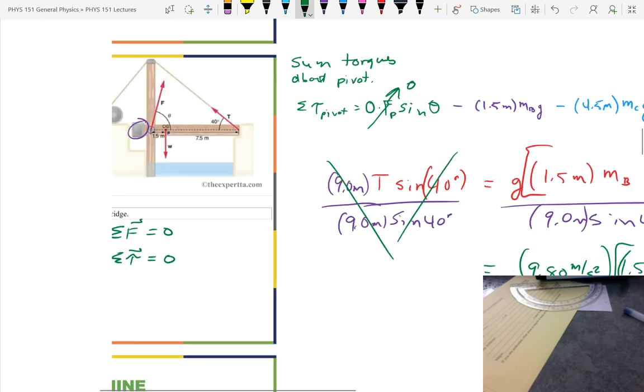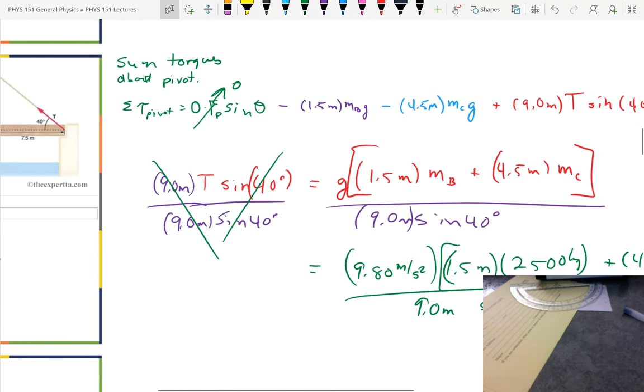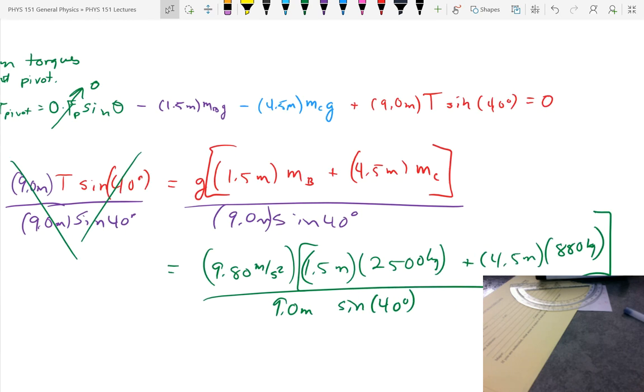Okay, I'm going to check my numbers to make sure I did remember them. 882, yeah. So I see that we have at least one student diligently putting the numbers in the calculator. 7,037.